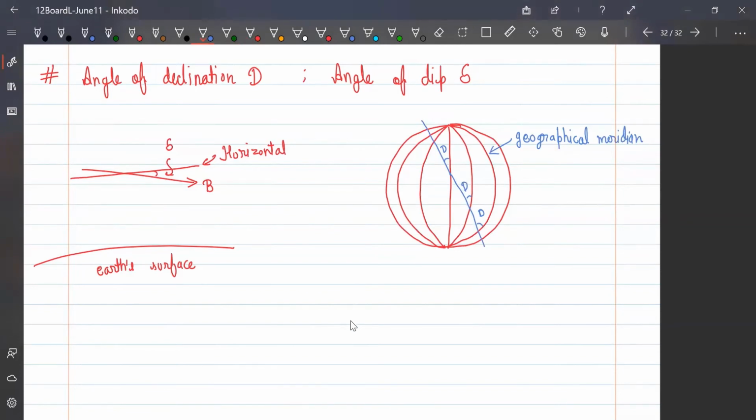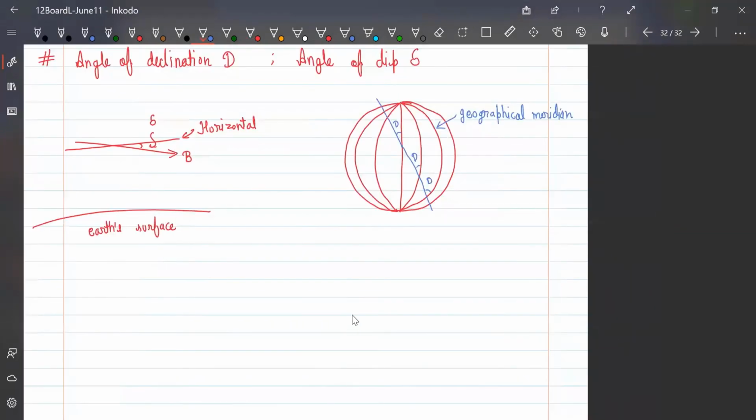And another way to visualize this is to represent it via planes. So suppose I have two planes. First plane, this direction represents geographical north.